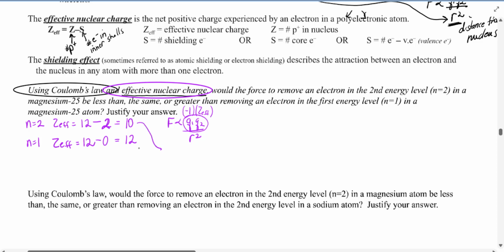So for energy level 2, our force is going to be proportional to -1 times 10 over R squared. And our force for energy level 1 is going to be -1 times 12 over R squared.